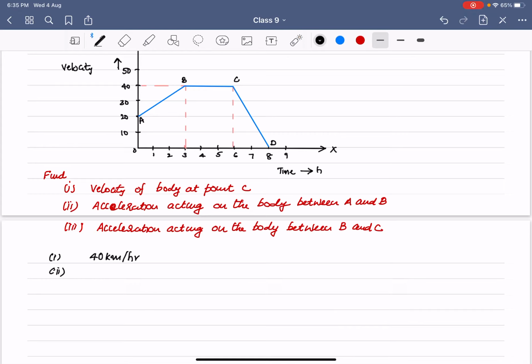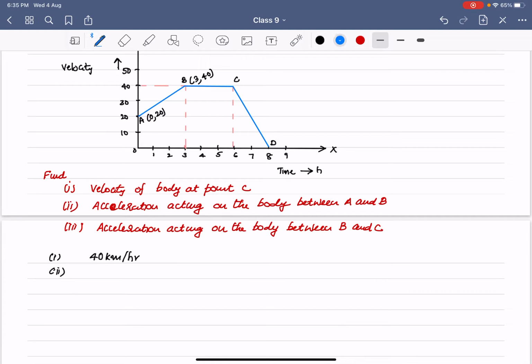So let me note down that here at A point, the time is 0 and the velocity is 20 km per hour, and at B point the time is 3 and the velocity is 40 km per hour, right? So I have to calculate the acceleration.